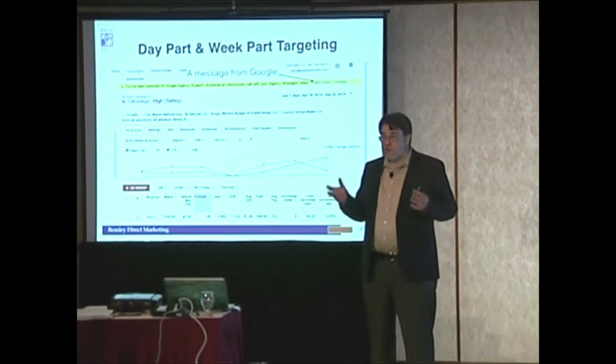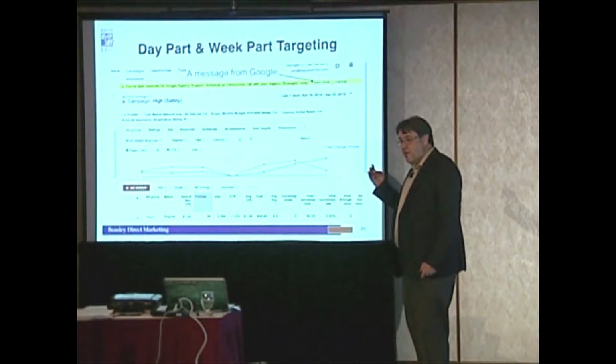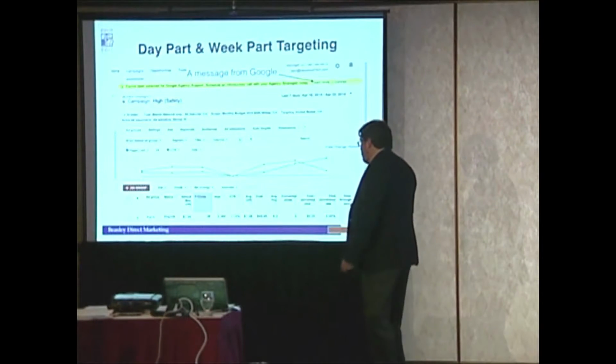So you exclude them and they're not seeing your ad unless somebody types in Contra Costa government services. So you can do exclusions as well as inclusions with this geographic targeting.